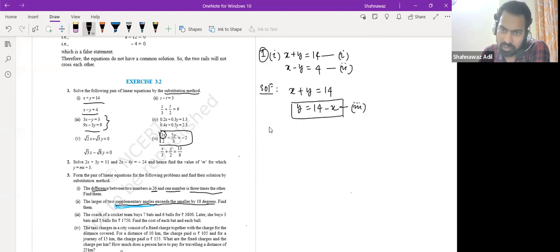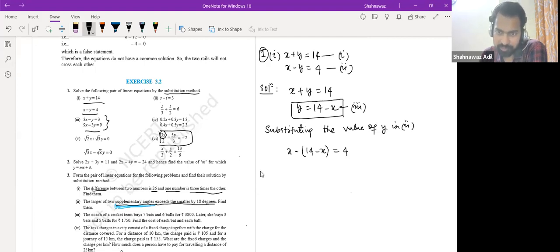Right. Now substituting the value of y in the second. So in the second, x minus of 14 minus x, this is right.